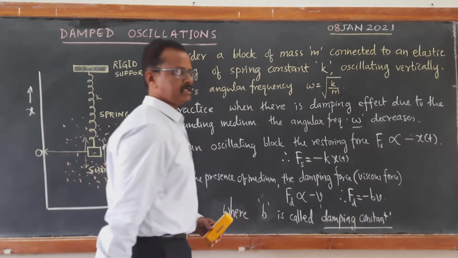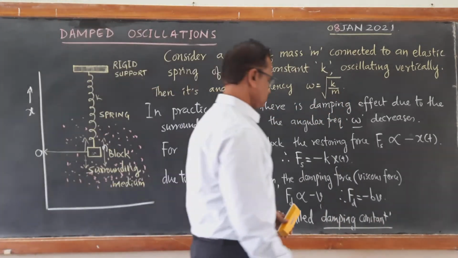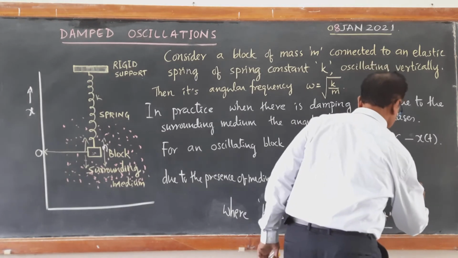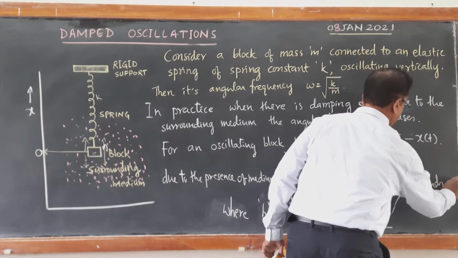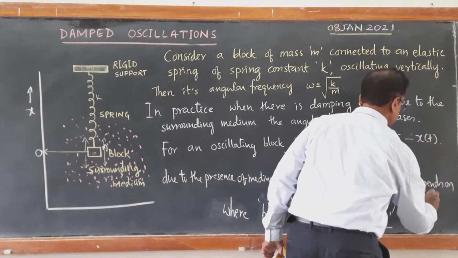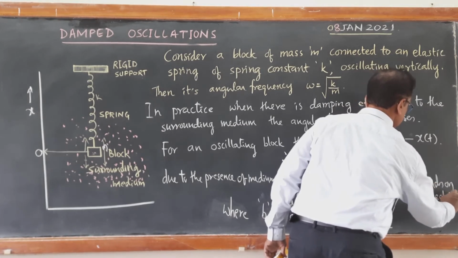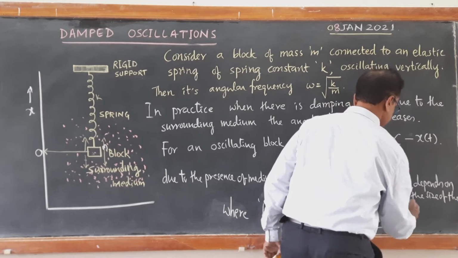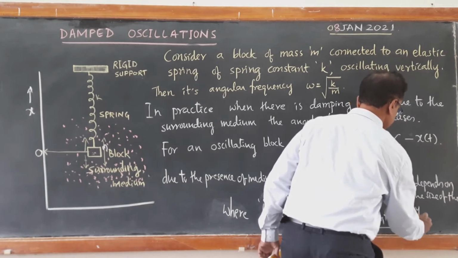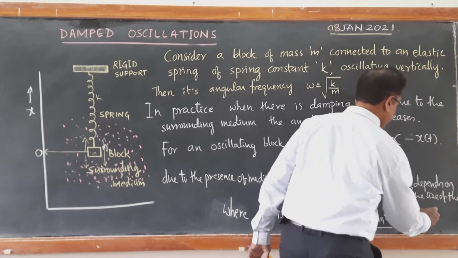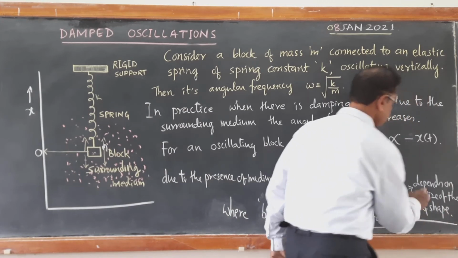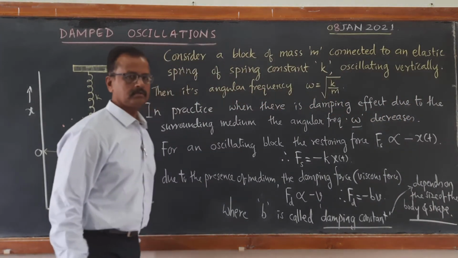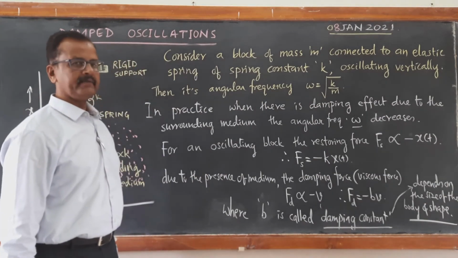This damping constant depends on the size and shape of the body, like 6 pi eta a, if you remember.